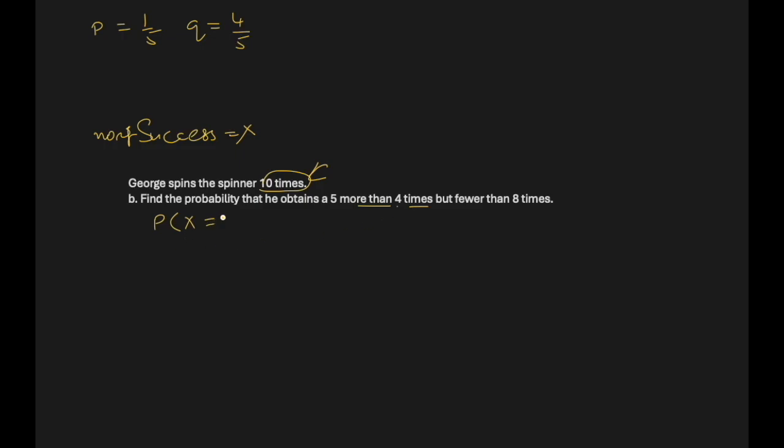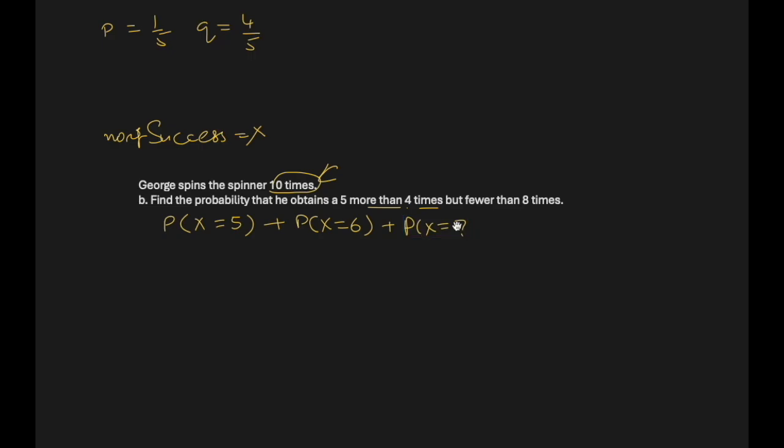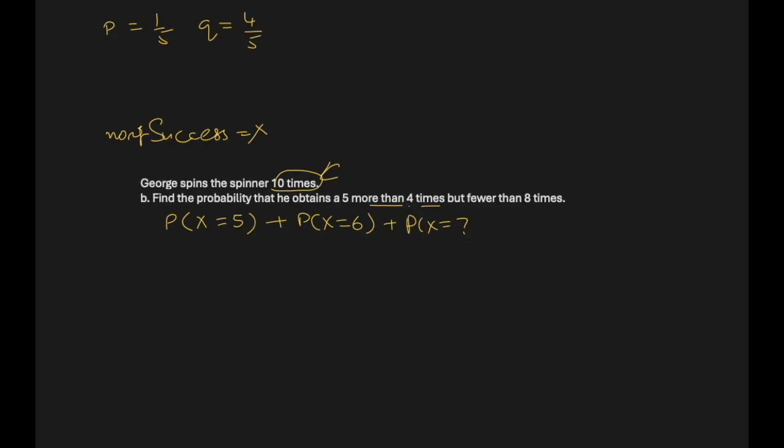So they get success more than 4 times, that is 5 or 6 or 7, but not 8. Fewer than 8. That means we have to stop here. So we have these conditions, which are more than 4 and less than 8.